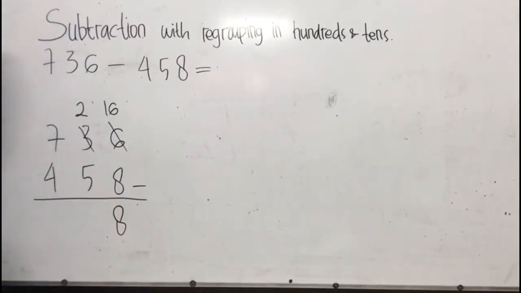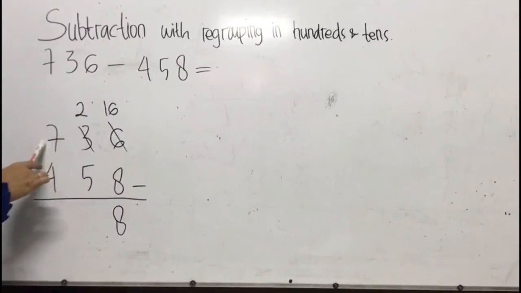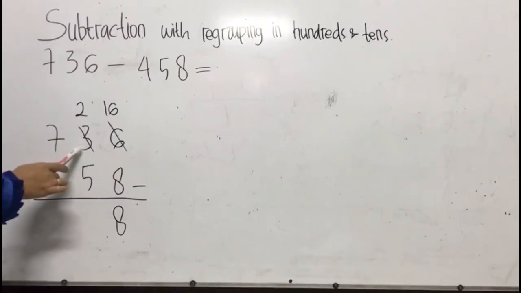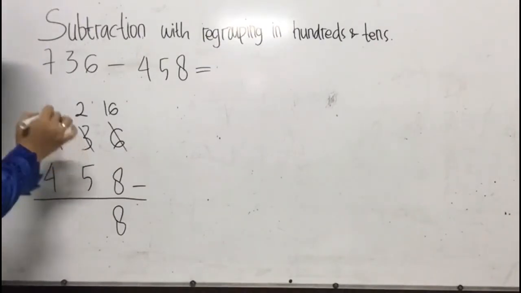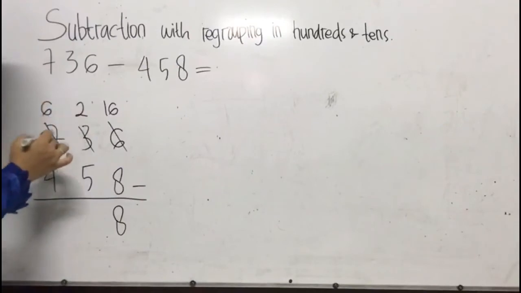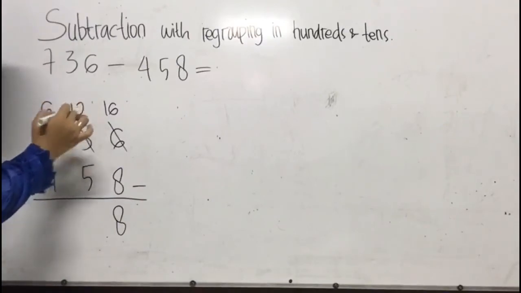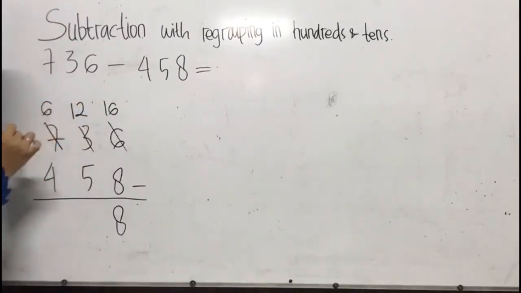And then subtract the tens. We cannot subtract 5 tens from 2 tens. So we regroup 100s into 10 tens. So we have 6 hundreds and 12 tens.